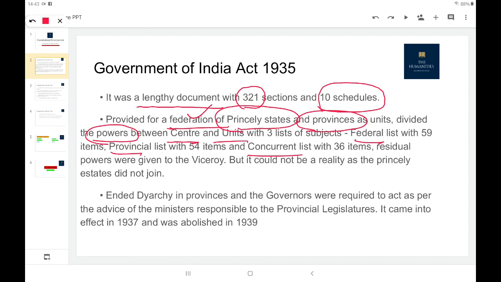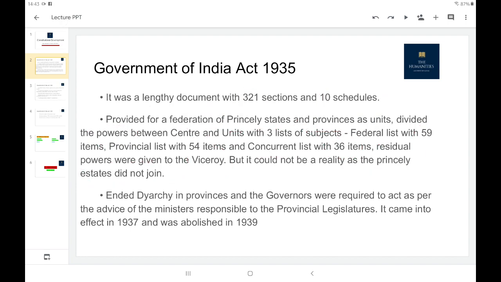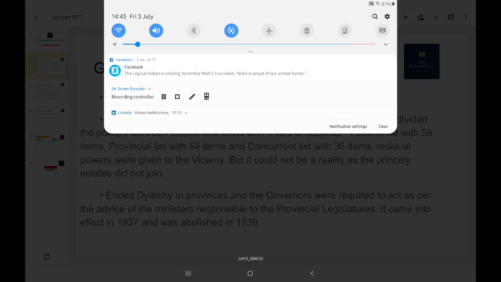The federal list had 59 subjects, the provincial list has 54, and the concurrent has 36. Residual things, all those topics not covered in these three lists, and the lawmaking power on them, were given to the viceroy. Okay, and it could not really be implemented as the princely states did not join it. So that was the first thing about this act.